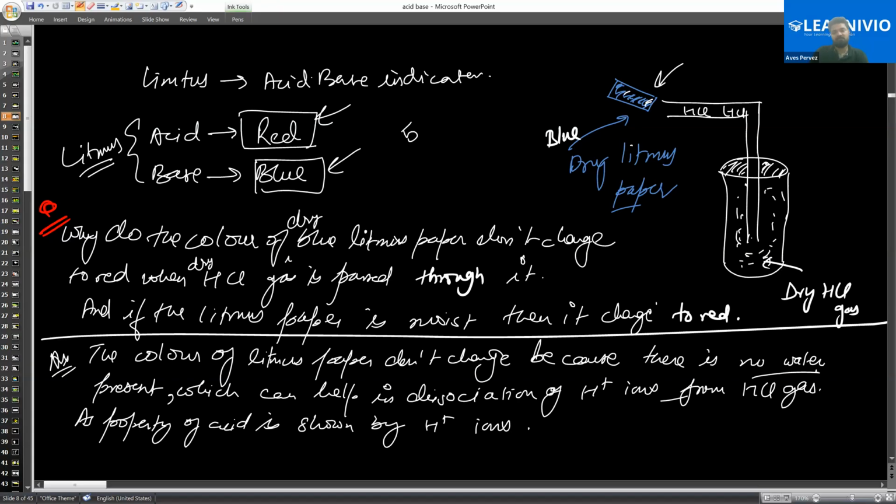Let me show you why it is so. If you have dry HCl gas and you pass it through blue litmus paper, it will not change its color.